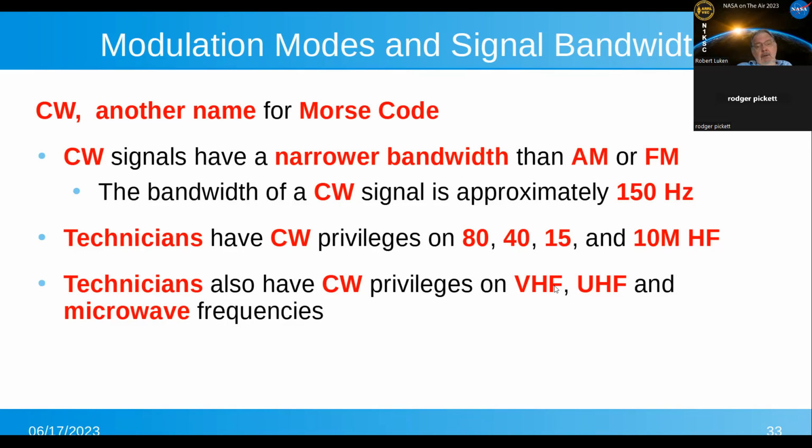As a technician, you have CW privileges on 80 meters, 40 meters, 15, and 10 meters. Plus CW privileges on everything VHF, UHF, and above. All you have to do is learn Morse code.